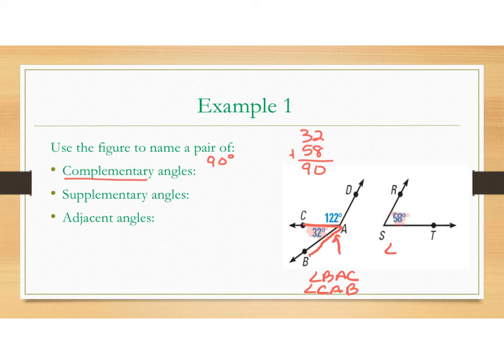I can call this 58-degree angle either RST or TSR. So the two complementary angles, let's just say I use BAC and RST. That would be a pair of two complementary angles.